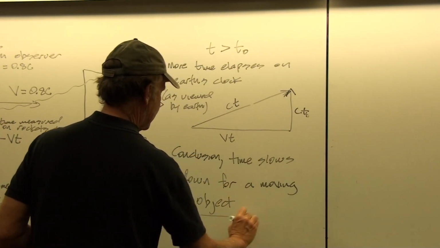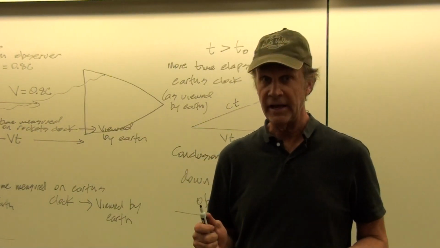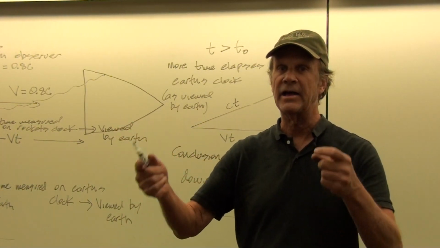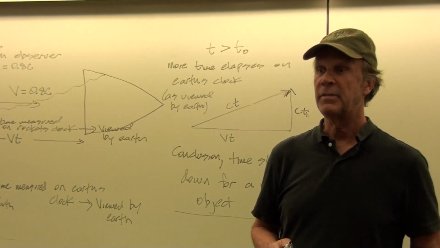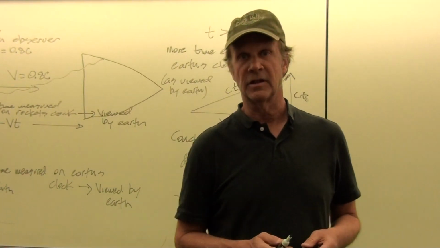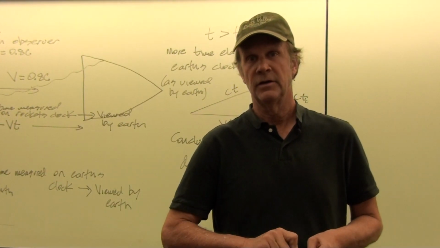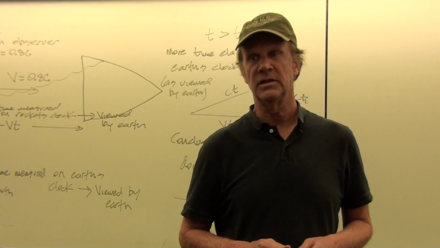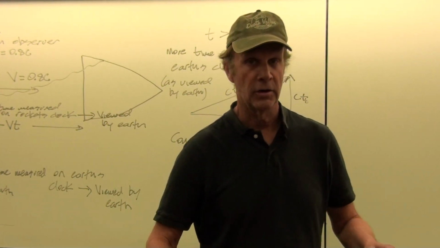And so how would this manifest itself? Well, it would manifest itself by less time clicking off on the rocket's clock as viewed by the Earth, but it will also manifest itself by the astronaut moving in slow motion relative to the Earth. So if you took a video of that astronaut, you'd see him or her moving at a slower rate.